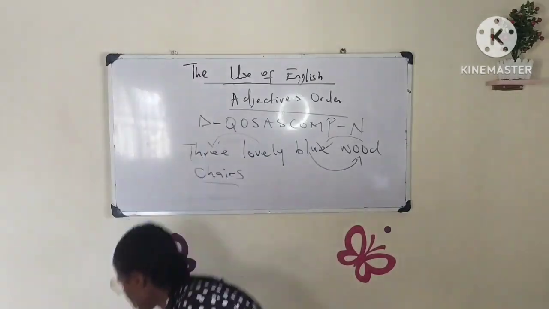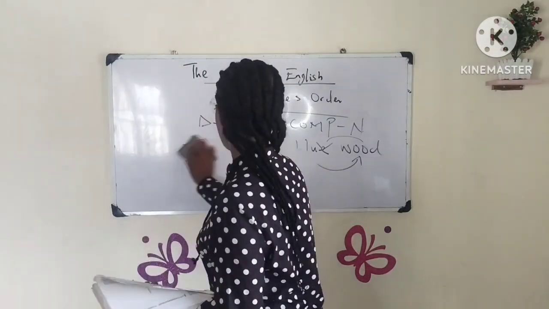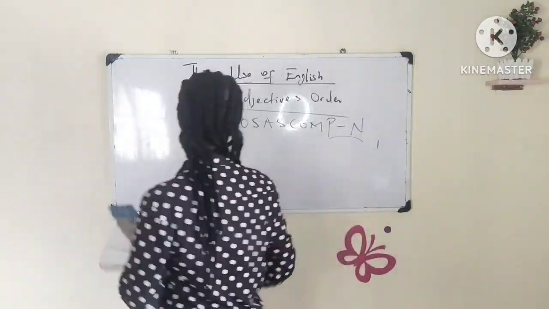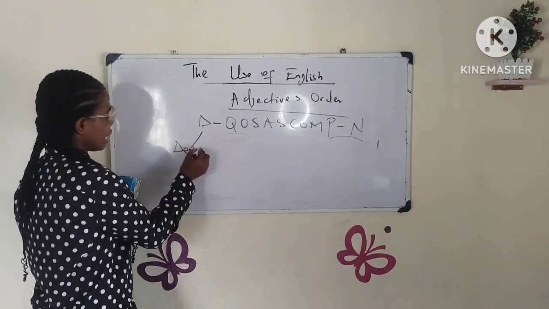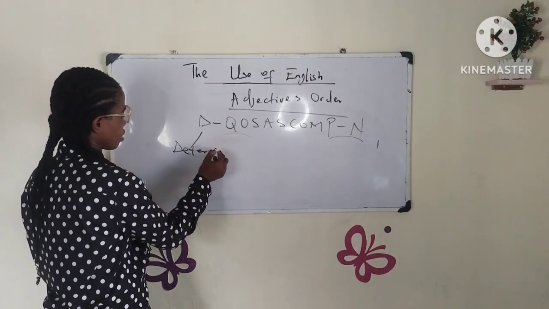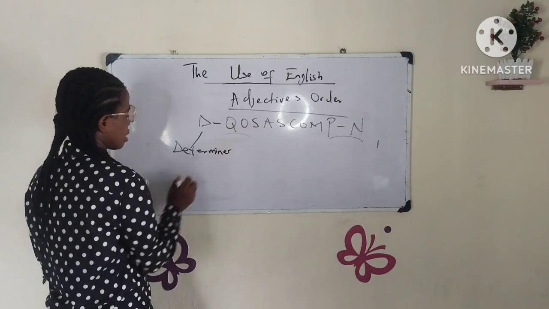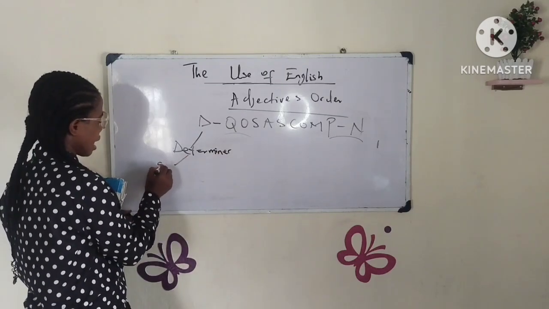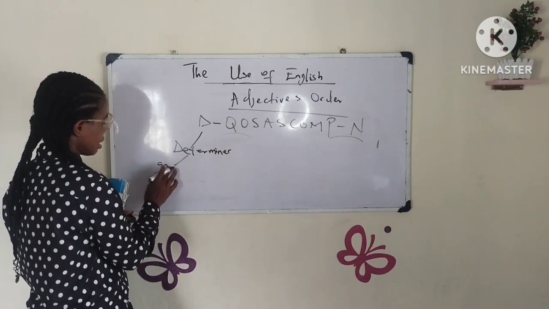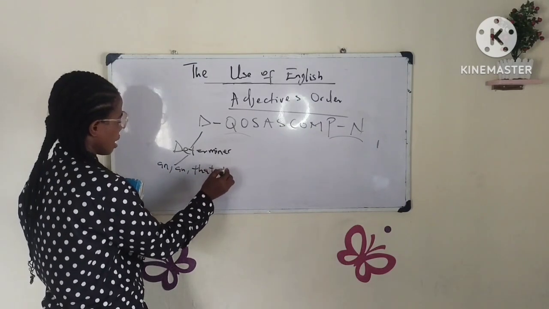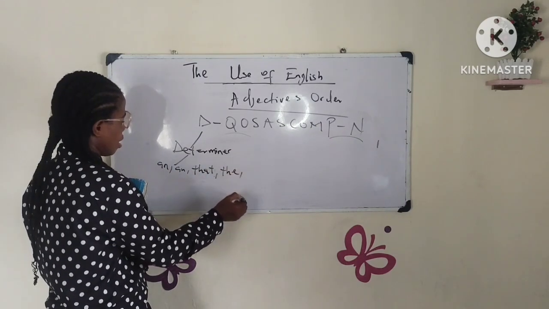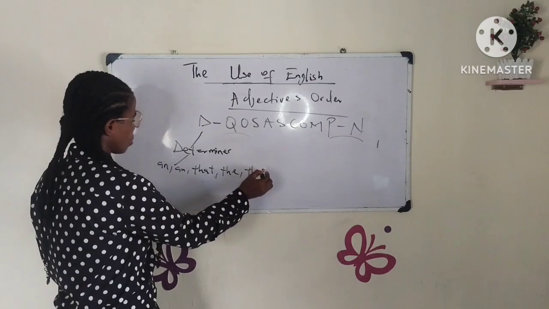Now, let's see. D stands for determiner. Determiner includes words like a, an, the, that, those.